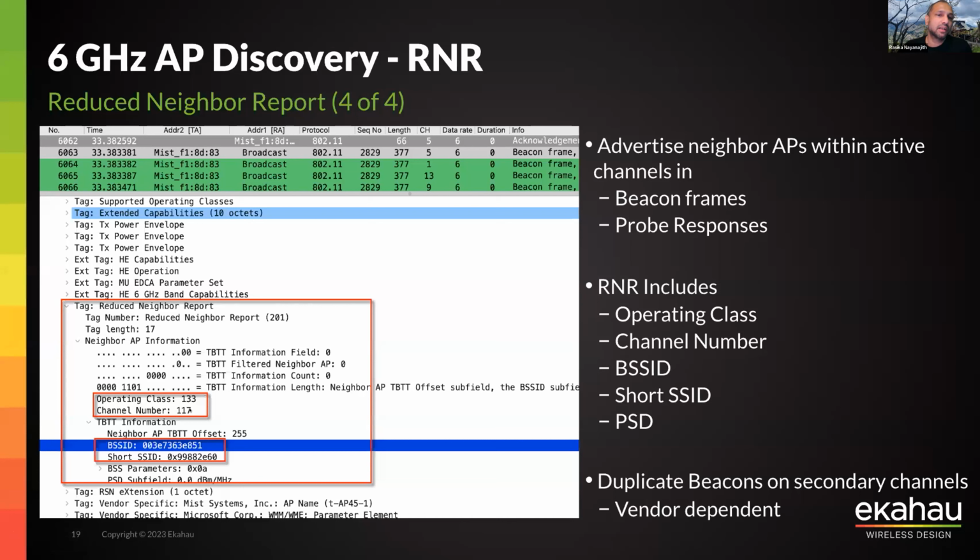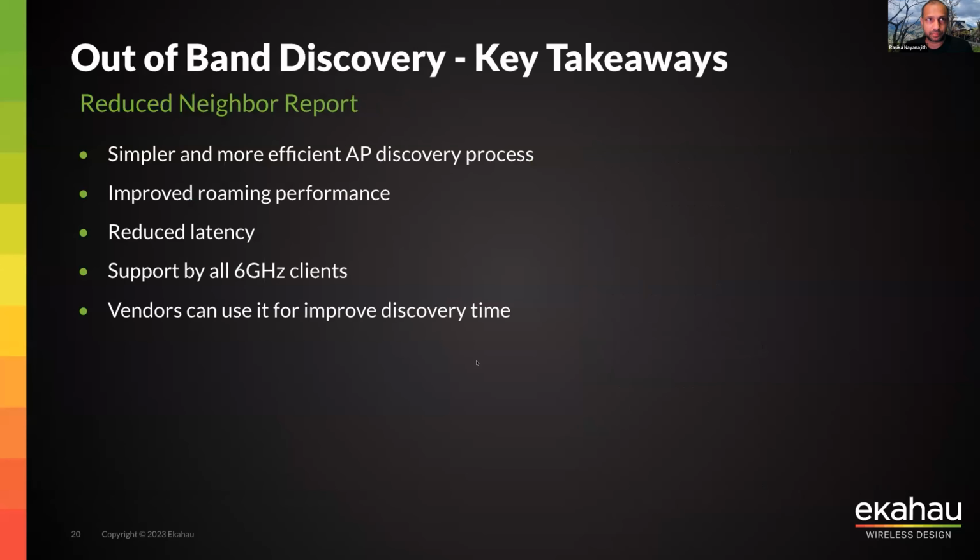That provides the neighborhood detail of other 6 GHz BSSIDs available, and then the client can go and probe and connect. Overall, RNR is the preferred method because every client supports it, and vendors should implement this method. I have seen every AP vendor implement it.